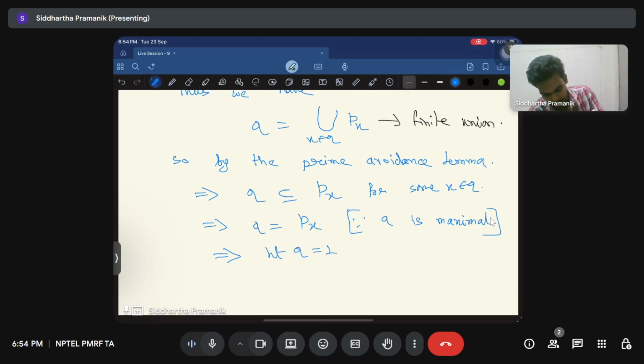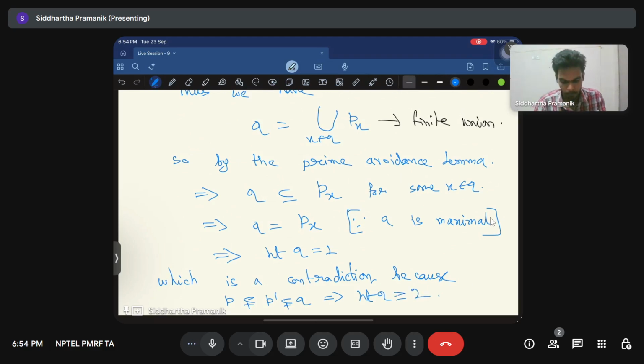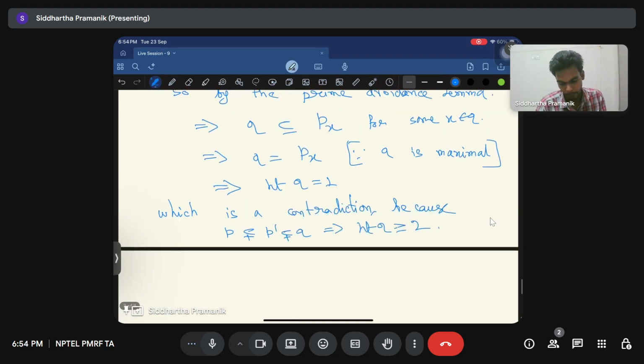But this will imply the height of Q is equal to 1, because the height of Px is 1. But this is a contradiction, because P is a proper subset of P prime, which is a proper subset of Q, and that will give the height of Q is at least 2. So we are getting a contradiction, meaning we have assumed something wrong.